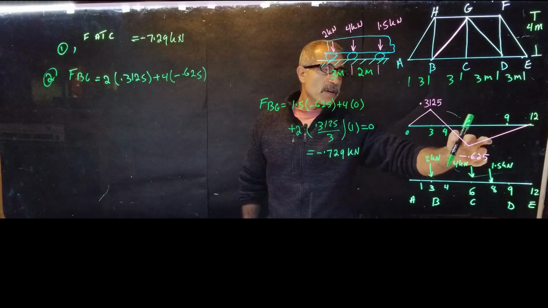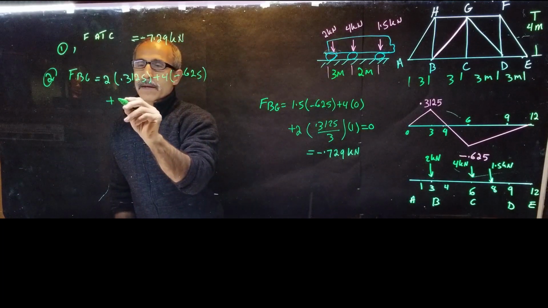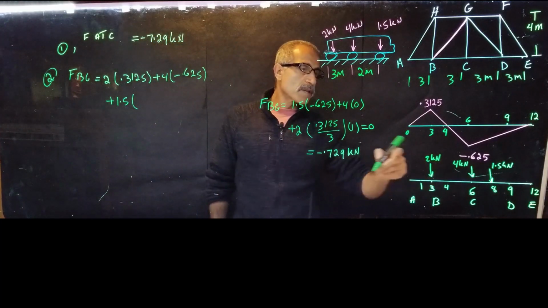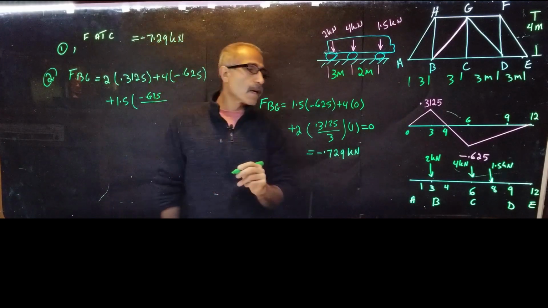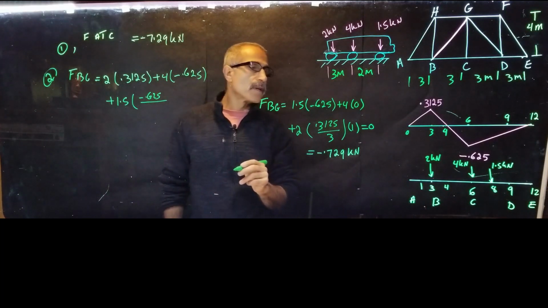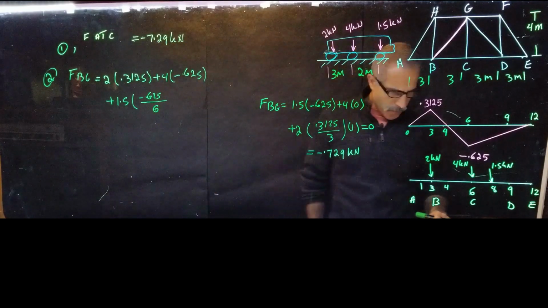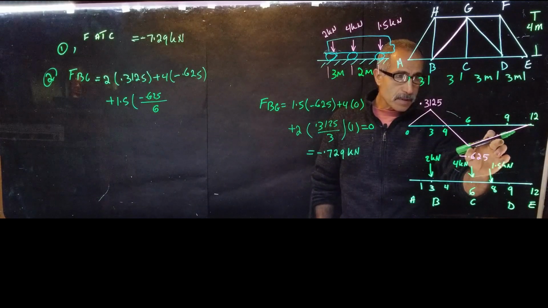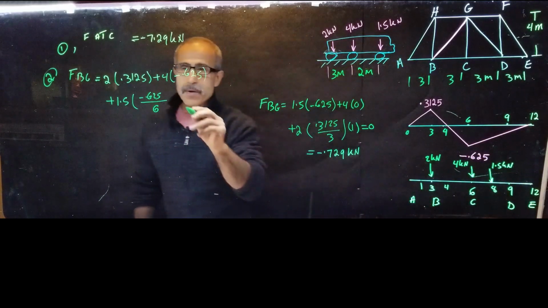It's down here, so we have to find the slope. So it's going to be plus 1.5, and that's a negative slope. Keep that in mind. The rise is minus 0.625 and the run is 6 meters. And going from here down, it's going to be 4 meters, times 4 meters.